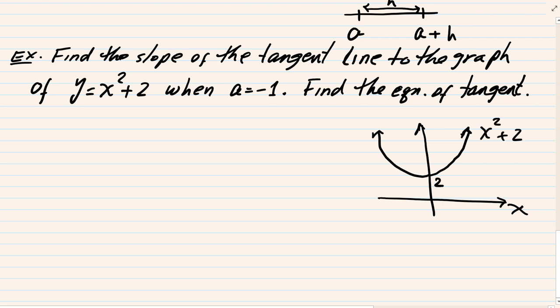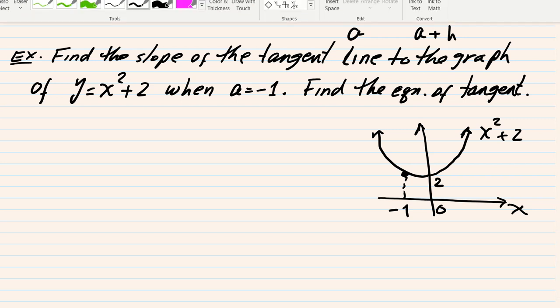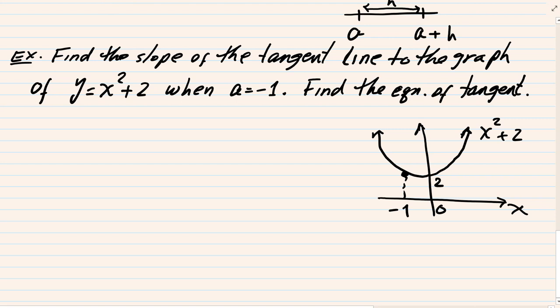Okay, now at -1, this is -1. I'm this far away from 0, -1 away from 0, and let me now use my different color marker here. So I'm going to draw the tangent line at that point. And this is what the tangent line looks like, right?